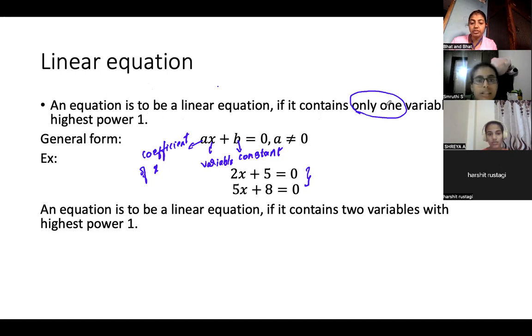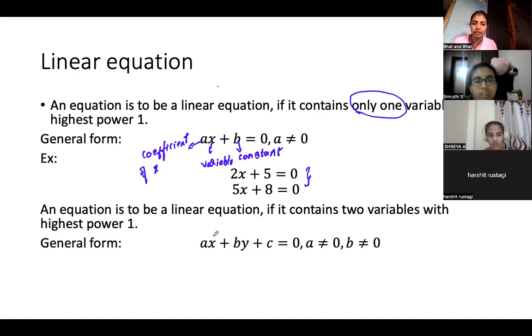Then how will we write the general form now? We should have two variables. The general form is ax plus by plus c is equal to 0, where a and b should not be equal to 0.